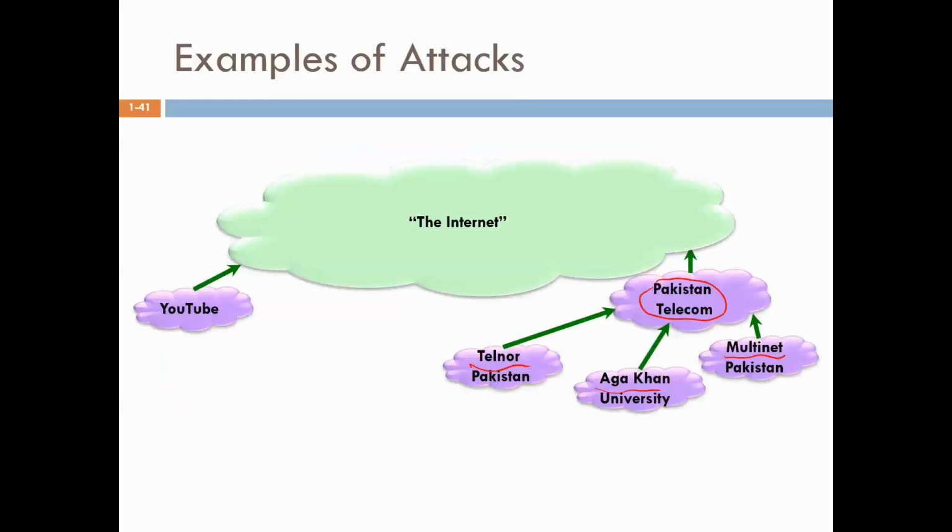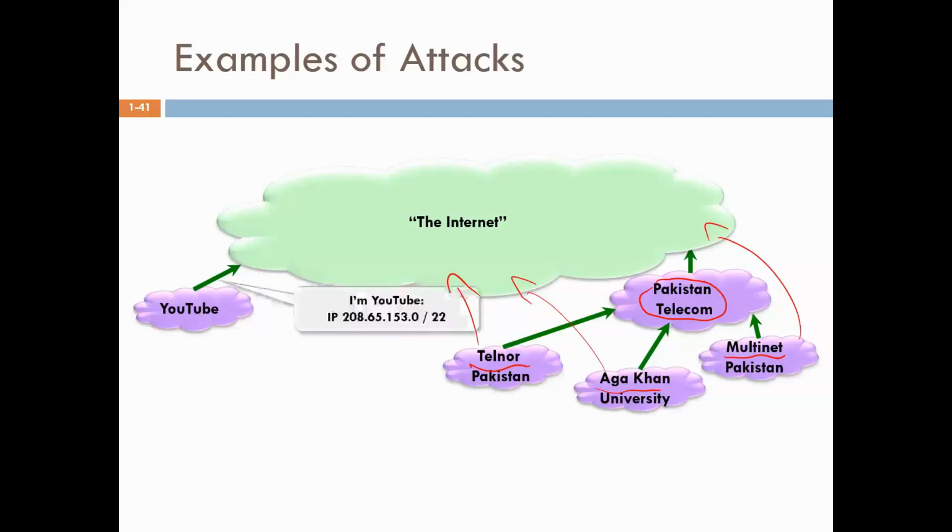And these autonomous systems may have connections to YouTube outside the telecom connections of the Pakistan Telecom. So how would the Pakistani telecom, the government telecom, be able to control the traffic from these three autonomous systems, or these three ISPs, to YouTube?